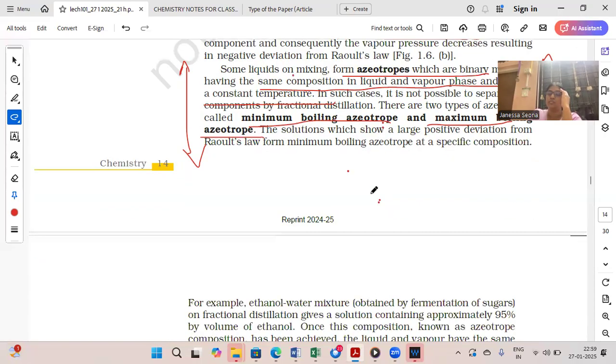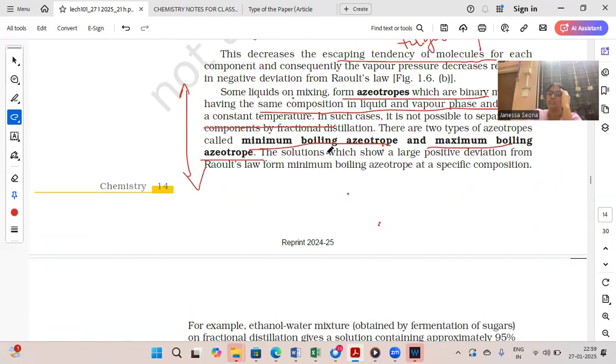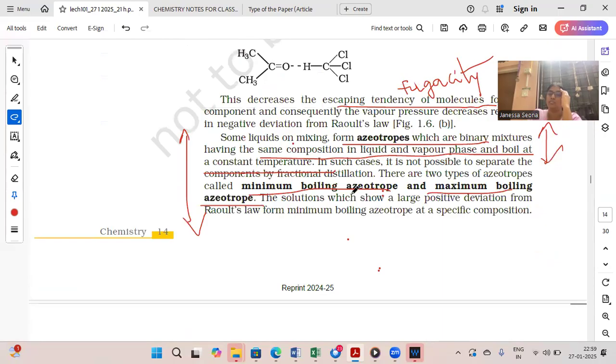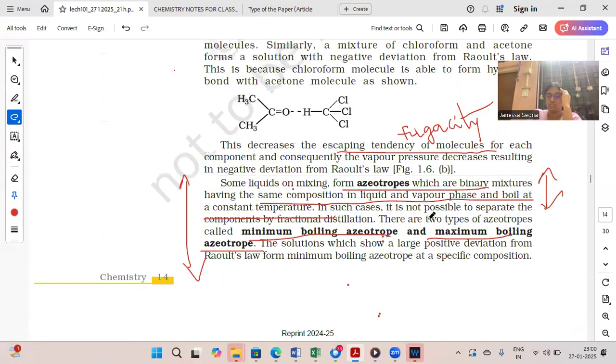And we should have some examples of azeotropic mixtures also. Here we have two kinds of azeotropes. You can see minimum boiling azeotrope and maximum boiling azeotrope. Let us see, for example, ethanol water. Ethanol water is a beautiful example of azeotropic mixture, which are binary mixtures having the same composition in liquid and in vapor phase.